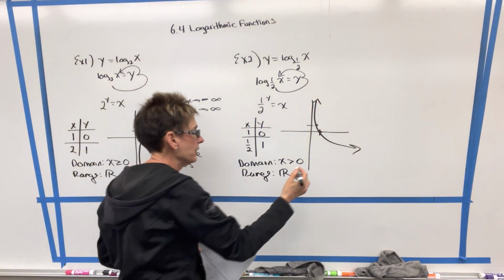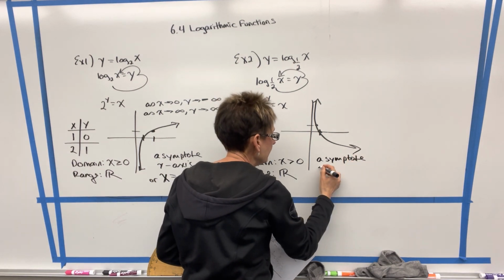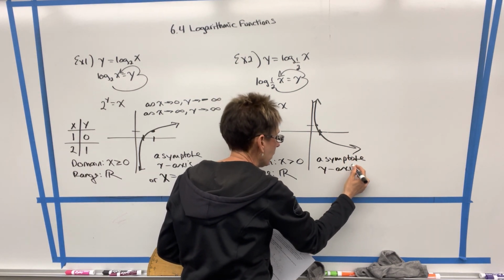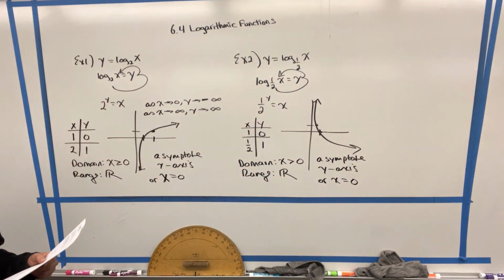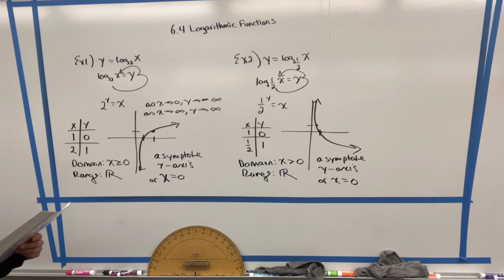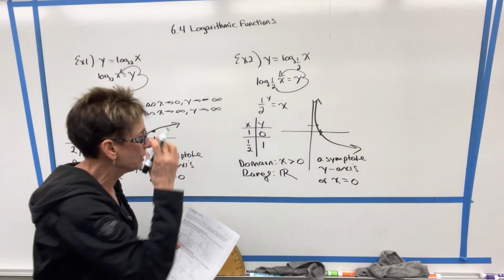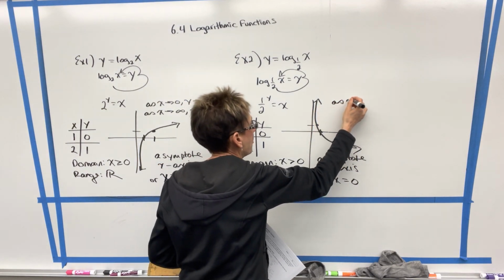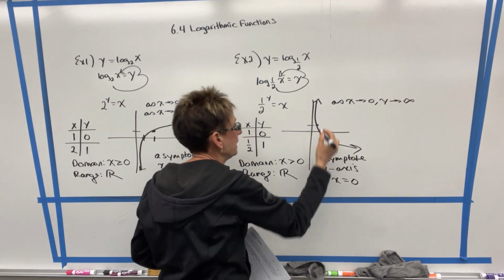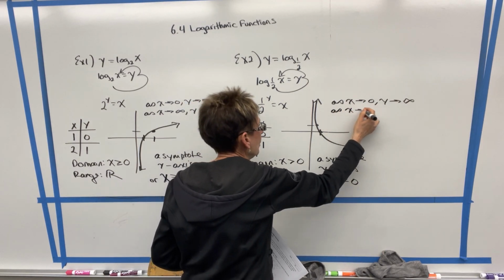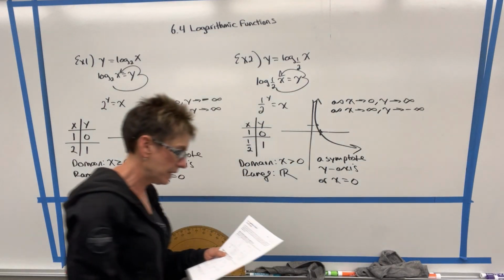The correct asymptote here is the y-axis, or the line x equals 0. In terms of the end behavior, as x approaches 0, y is going to approach positive infinity. And as x approaches positive infinity, y approaches negative infinity.